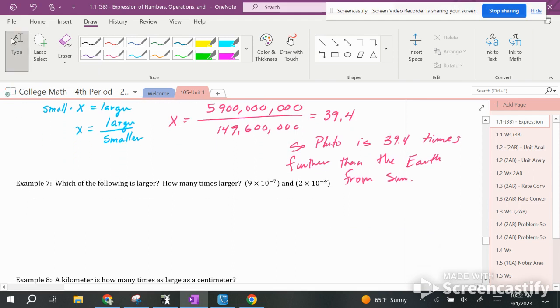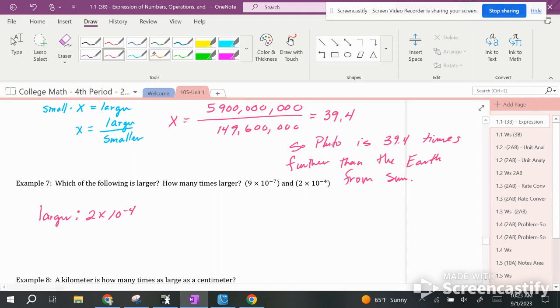Okay, so now we're just comparing two numbers. First of all, which one is bigger? I have negative exponents. So which one is larger, the first one or the second one? The one with the bigger exponent, right? So -4 is larger than -7. The larger number is 2 times 10 to the -4.